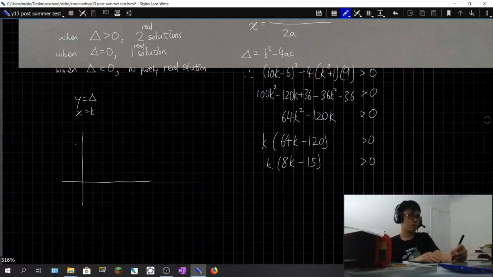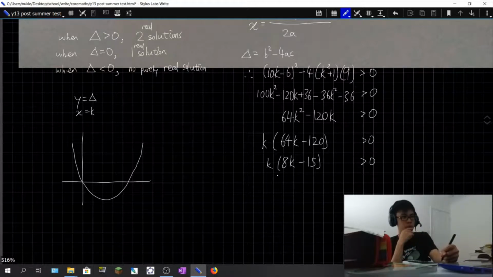It's going to look something like this. Because when this is equal to 0, then the whole thing is equal to 0, and when this is equal to 0, then the whole thing equals 0. So that means we have this point is 15 over 8, and this point is 0.